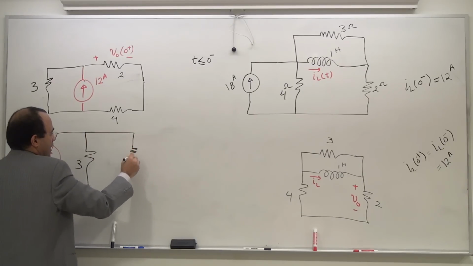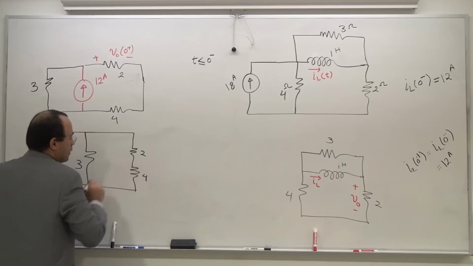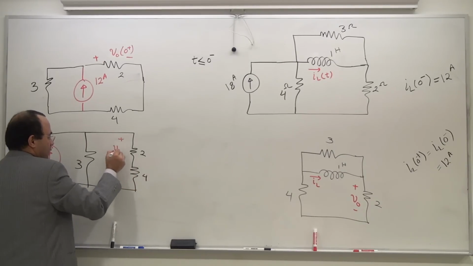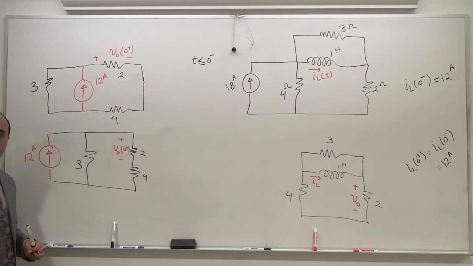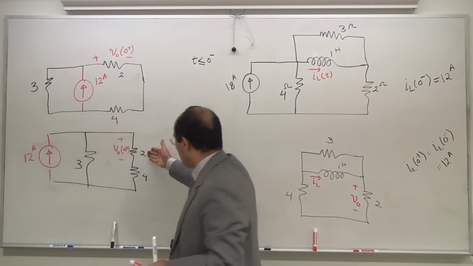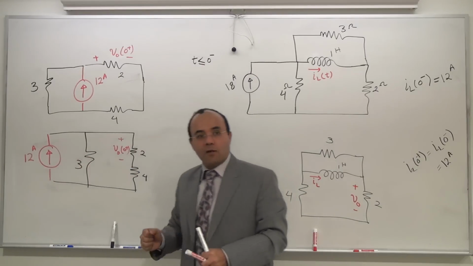I'm going to have a 2 ohm. I'm going to have a 4 ohm. And my voltage of interest is going to be this, VO of 0 plus, again step by step. Obviously, after a bit of an exercise, you don't need to go so detailed in the process. 2 and 4 are 6, 3, 6, 12. They are all in parallel.